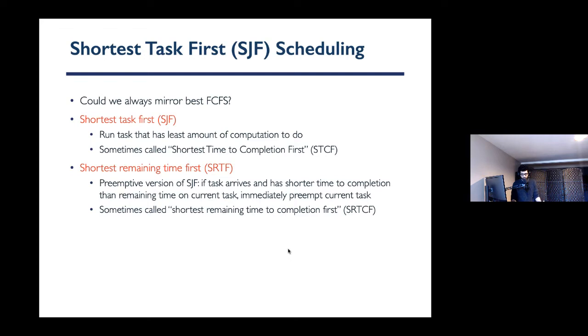But if you have preemption, let's say you started the shortest task, but another task comes that is shorter. What does shorter mean? It means the time it takes to finish that newcomer is less than the time it takes to finish the current task. That would be shortest remaining time first. In that case, you preempt your currently running task and context switch to the shortest task. So that becomes the preemptive version of SJF. These are the two, and we usually are interested in the second one, where you preempt.